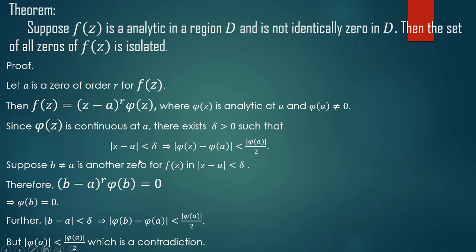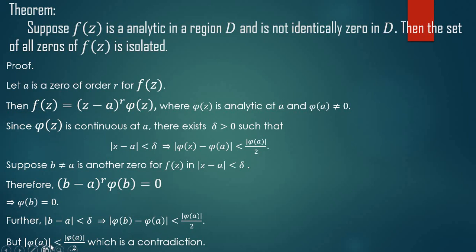Further, b belongs to this neighborhood of a, so the distance between a and b is less than delta. Any point whose distance from a is less than delta satisfies this condition. So modulus of (phi(b) minus phi(a)) is less than modulus phi(a) divided by 2.